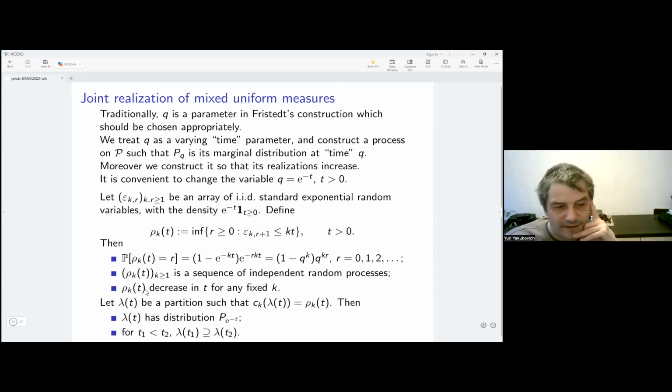So it's a weakly decreasing function, and moreover, for different k, the processes are independent, and also they have the geometric distribution.